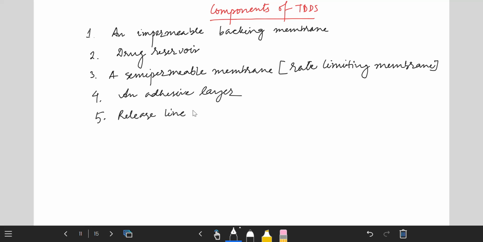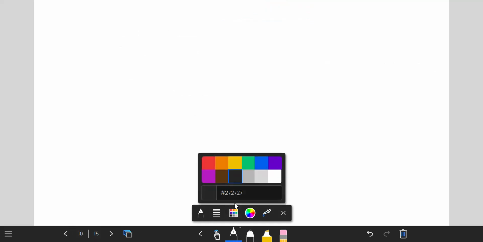Now, what are the penetration enhancers used for the penetration through the skin? Which type of penetration enhancers are used?